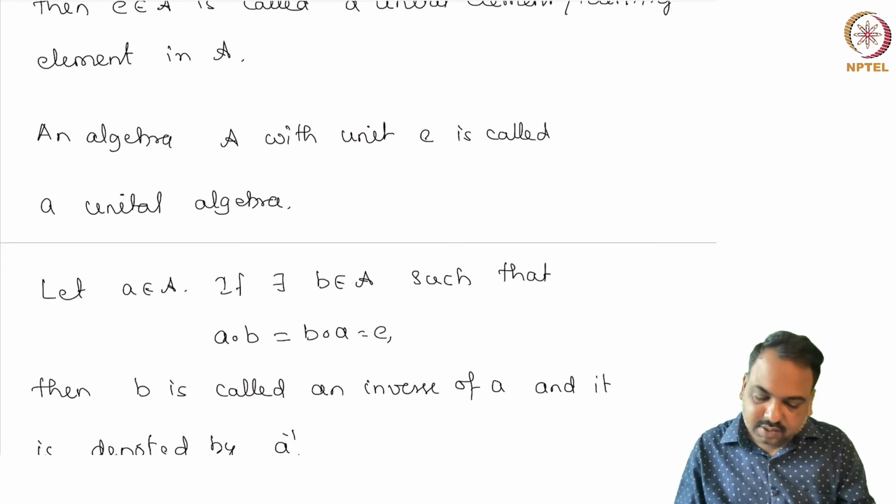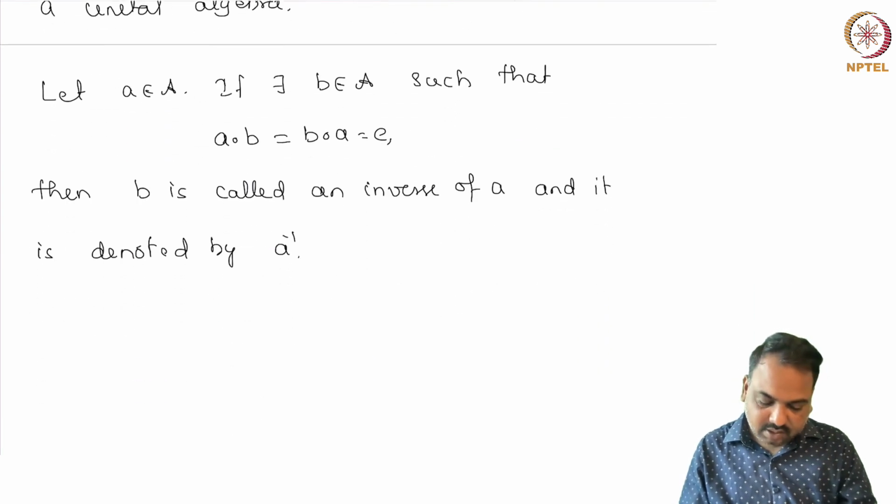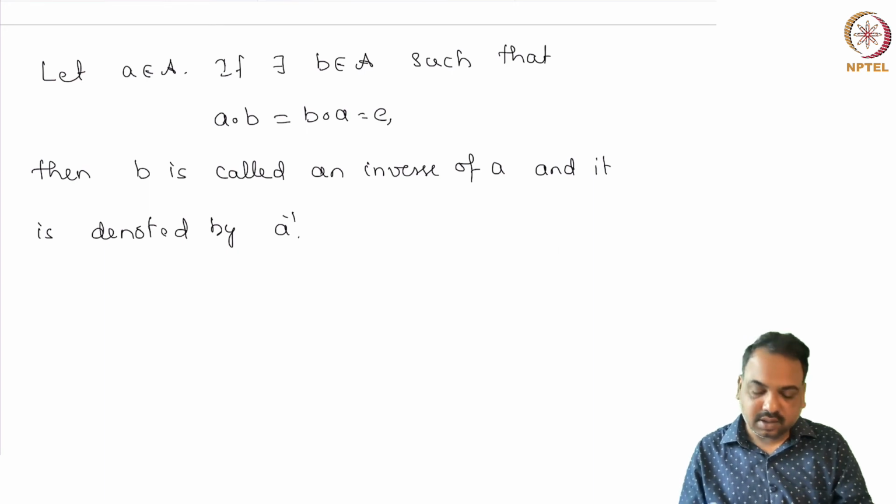And here we can show that if there is a unit, it must be unique, and similarly inverse, if at all it exists for an element, that must be unique.